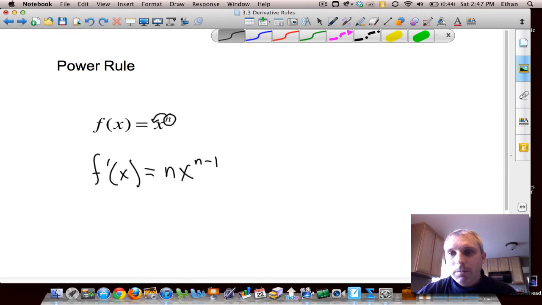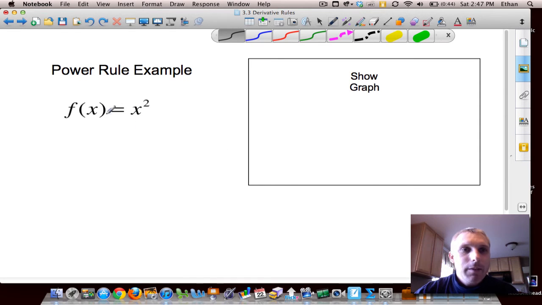Let's do an example. Here I've got f of x equals x squared. My power rule tells me that the 2 is going to come down, and the power is going to reduce by 1. So instead of 2, it is now a 1, which is just 2x.